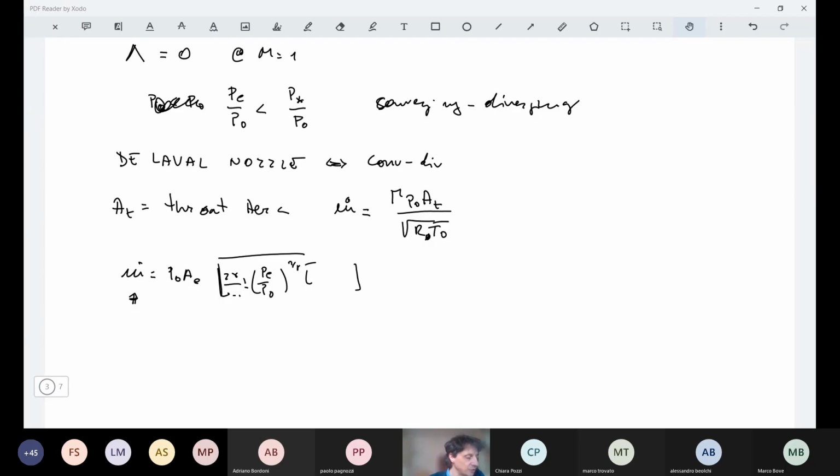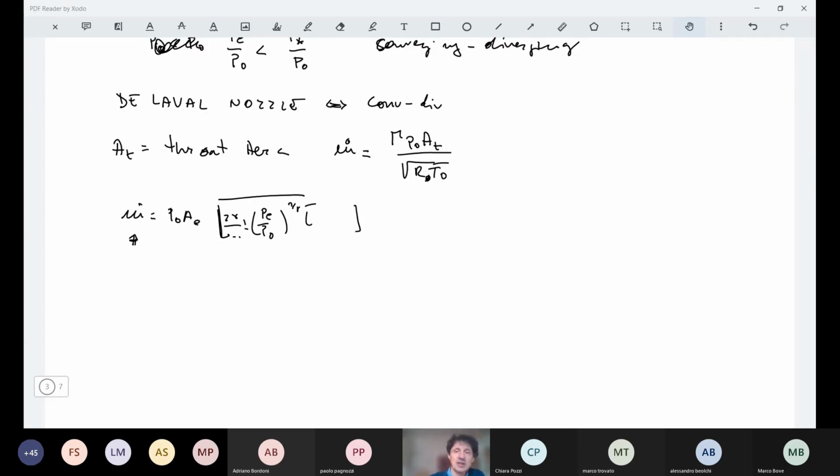So if we look at this, and now we plot again, we can write dot M square root RT0 over P0 AE.